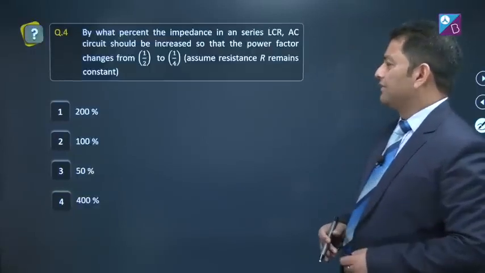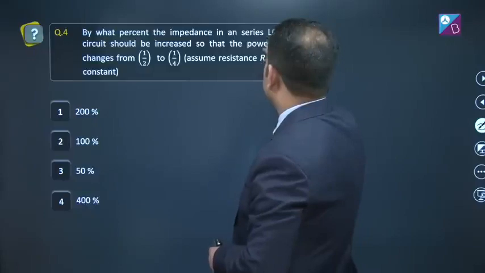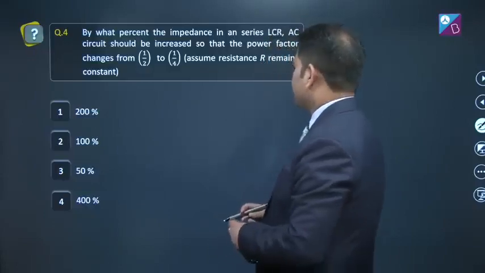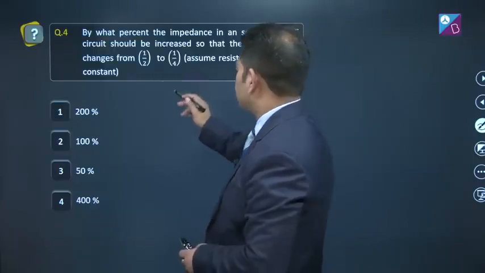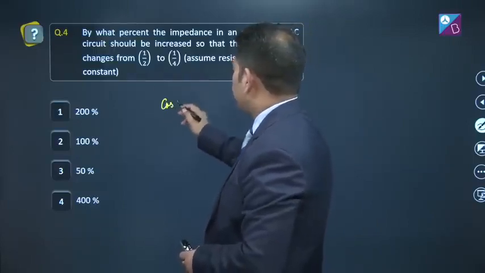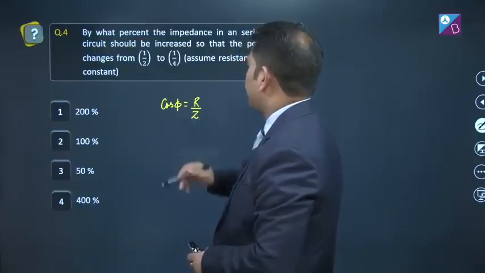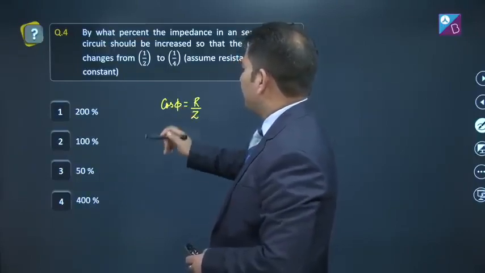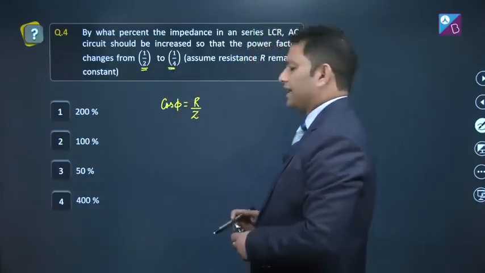All right, question number 4. By what percent the impedance in a series LCR circuit should be increased so that the power factor changes from this to this? हम सबको पता है cos phi will be equals to R divided by Z. ये है power factor. अगर आप ध्यान से देखेंगे power factor half हो रखा है.